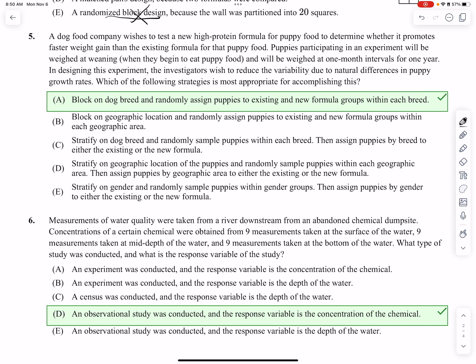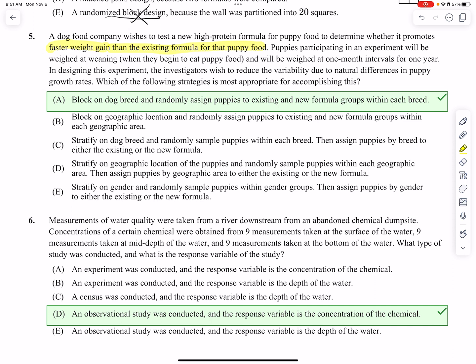Okay, number 5. A dog company wishes to test a new high protein formula for puppy food to determine whether it promotes faster weight gain than the existing formula for the puppy food. So I'm looking to see if I can get faster weight gain.